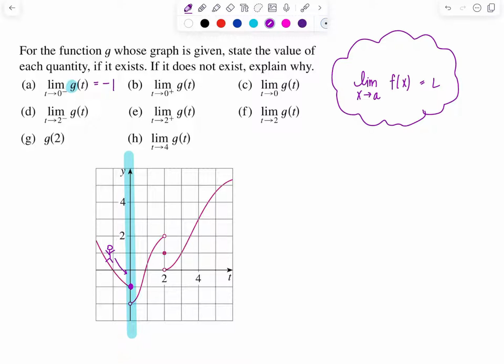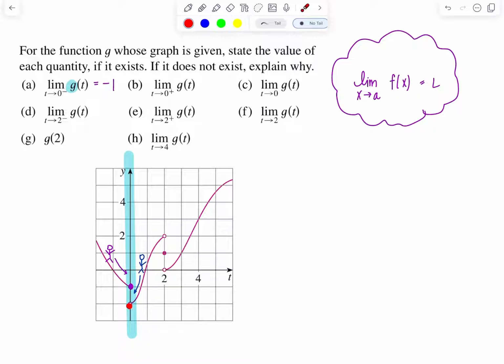All right, part B says now the limit as t approaches 0 from the right of g of t. So this time we're walking on the graph from the right side of 0. So we're actually on this other piece right here. And I'm going to have another little person walking, going this way. What y value are they approaching the closer they get to t equals 0?